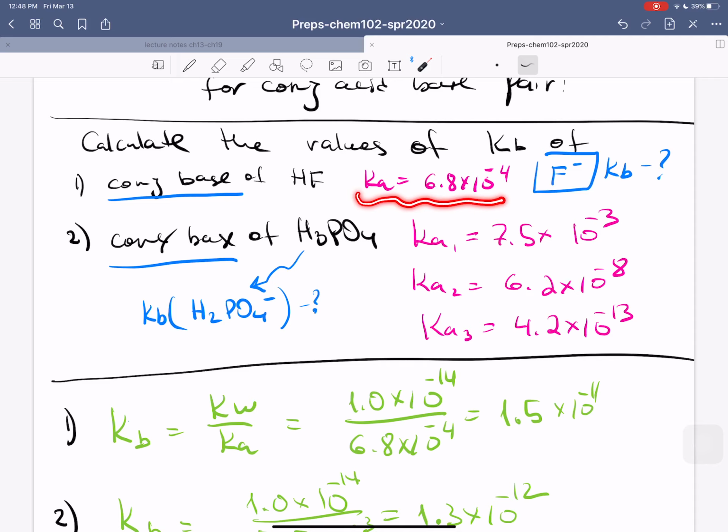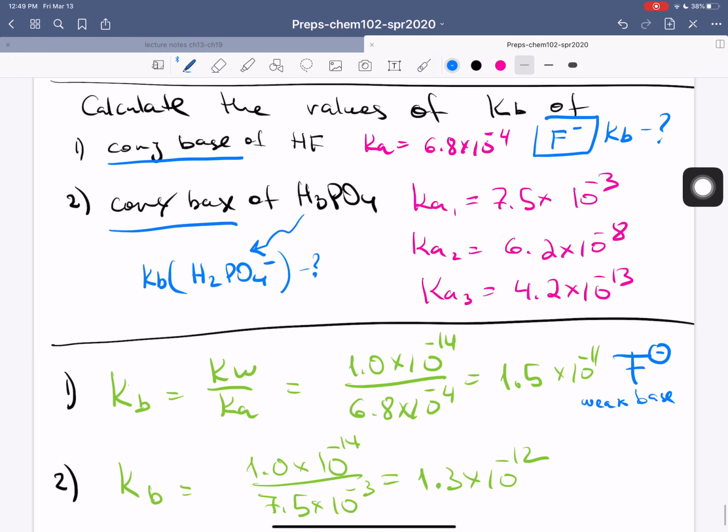So this is how I found this specific value. And this is the value of the Kb for the fluoride ion. We remember that fluoride ion actually is a weak base. Okay. So now let's look at the next example.